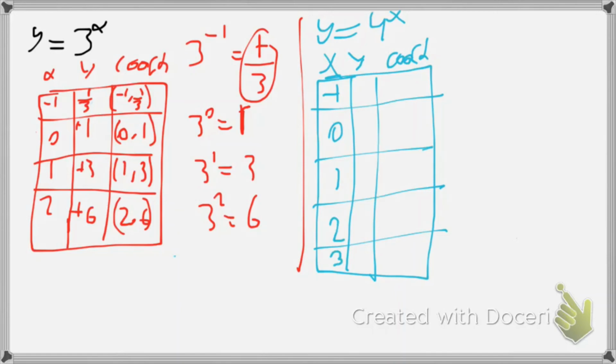So 4 to the power of -1 is 1/4. At 0, it's at 1. 4 to the power of 1 is 4. Sorry, 4 to the power of 2, wait, sorry.